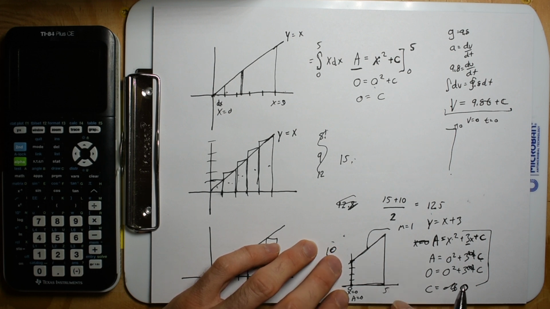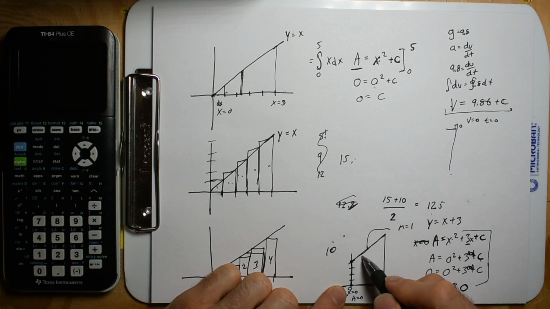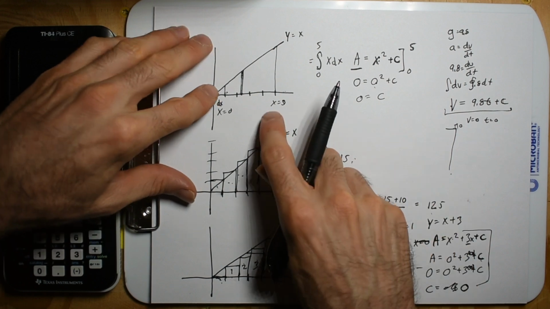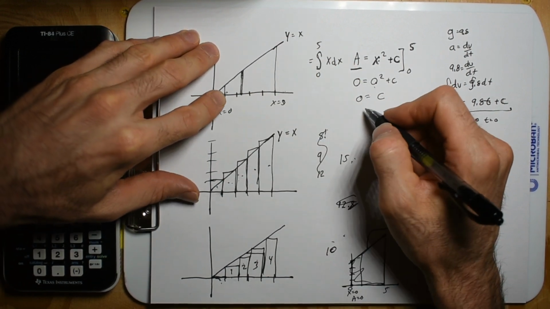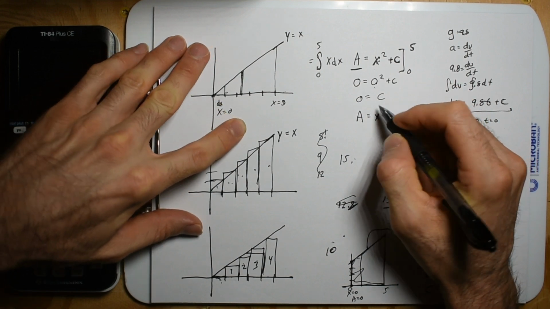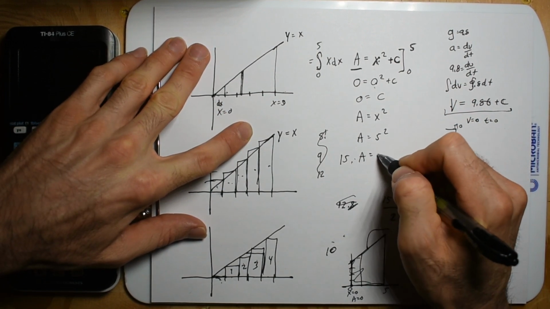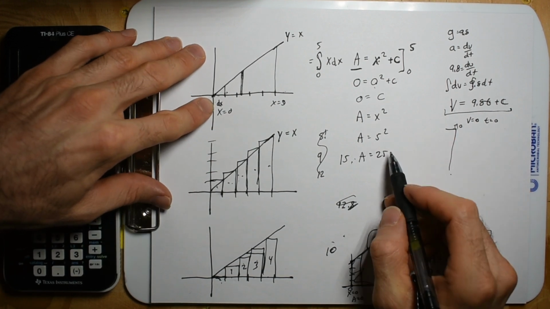Yeah, that's fascinating to me. Would you start over here? Anyway, let's go back to this one. What is the actual area? Well, the equation for area is just x squared now. So x is 5, the area is 5 squared, and the area is 25.